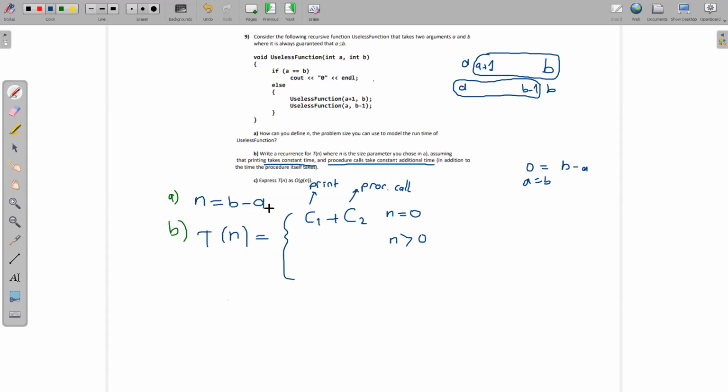But if they are not equal, then it will make more calls. Because of that, these will be determined by their differences. If they are the same, then its difference and its input size will be 0, and it will just return. Because of that, I'm just taking that n is equal to b minus a.